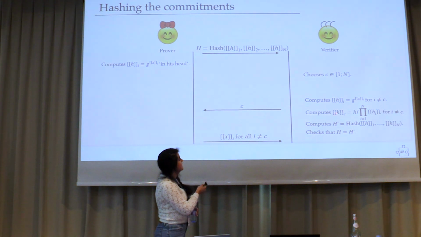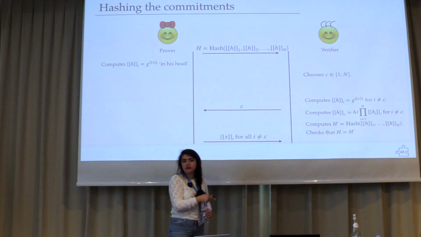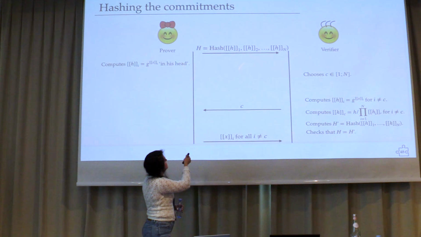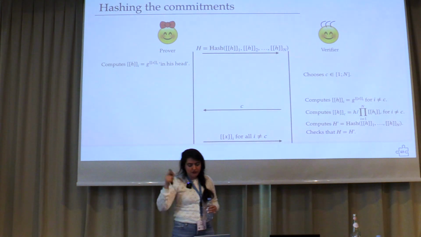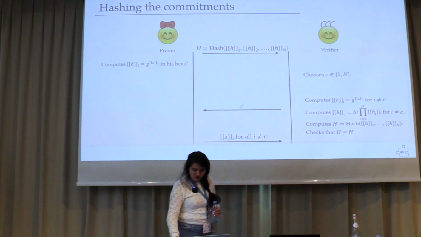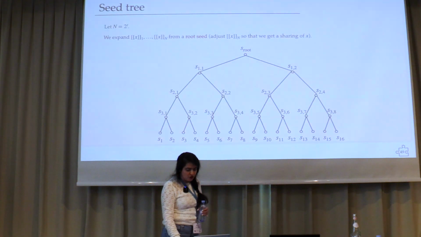Now he has all of the H's, 1, 2, up to n, and he can compute the hash again, and check whether this is indeed the hash that we got in the first step, when we did the commitment. So this is an optimization because when you're sending the commitments, you don't have to send all of them separately, you're just sending a hash. There is some more work done on the verifier side, but I don't know what the trade-off is there. So that is one optimization that we can do.